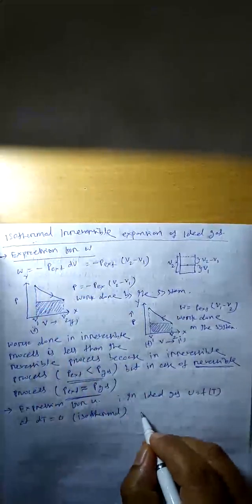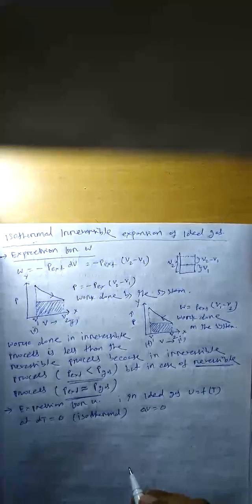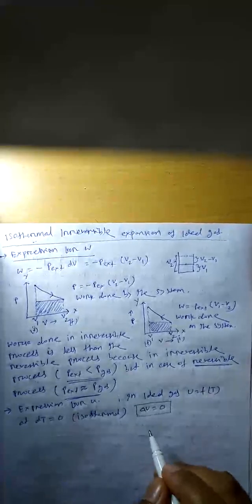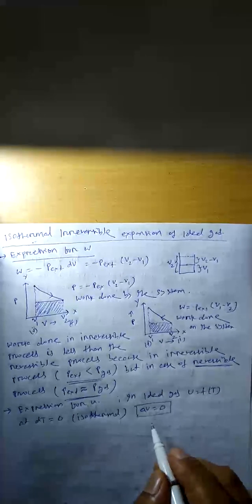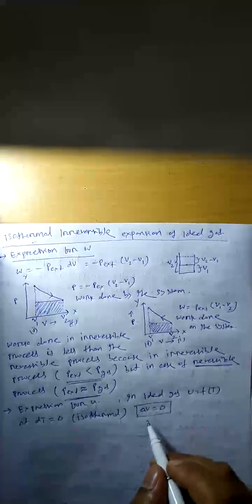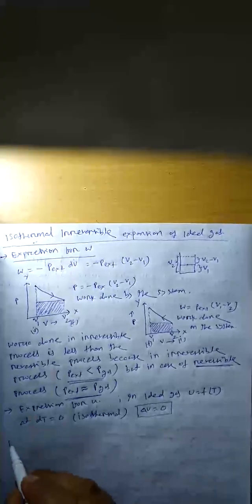At dT equal to 0, del U is equal to 0. That means there is no internal energy change. Del U is equal to 0, just like in the reversible process. In the irreversible process also, delta U is equal to 0.